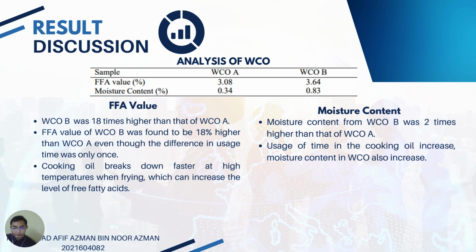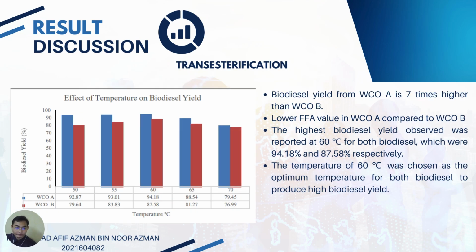Okay, next we go to the transesterification for the effect of temperature on biodiesel yield. The result shows that the trend of the effect of temperature increased from 50 degrees Celsius to 60 degrees Celsius, then decreased after 60 degrees Celsius.